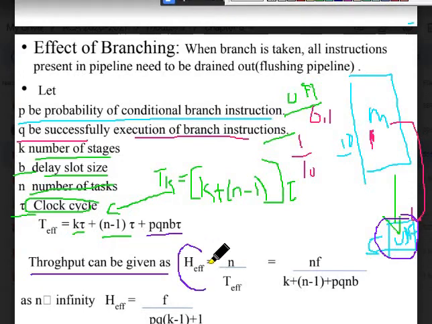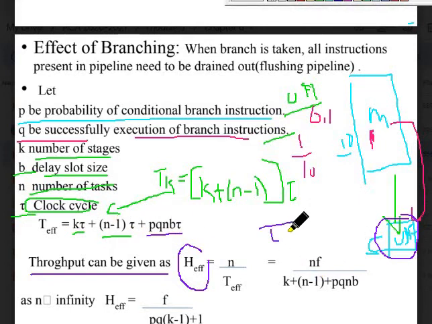So throughput can be given as: H efficiency is equal to the total number of tasks divided by the time. If we don't want to express it with tau, take tau common. Tau is equal to 1 by f, so I get f, which I transfer into the numerator.